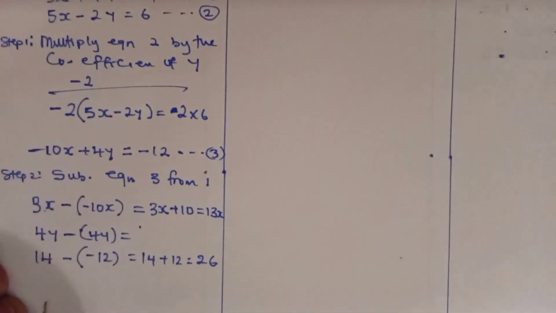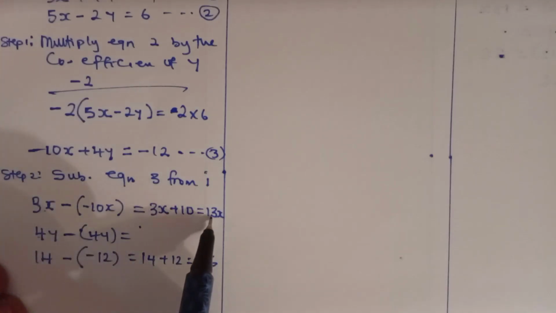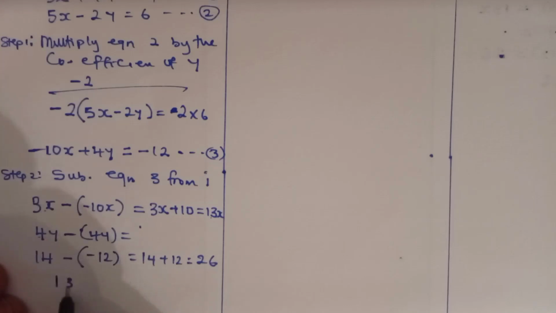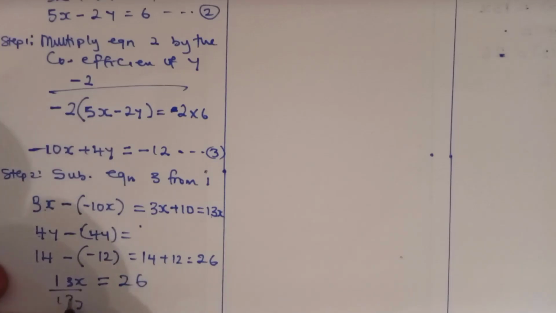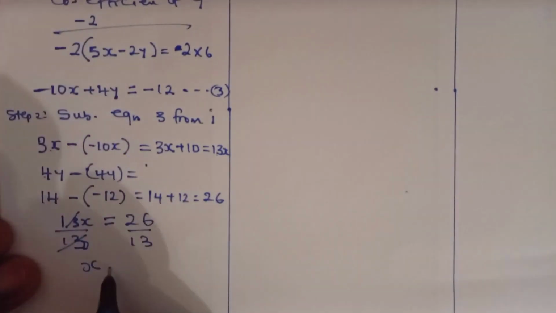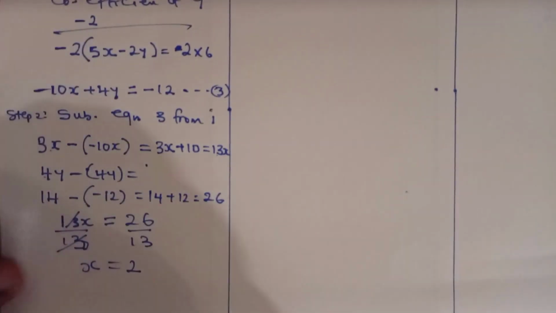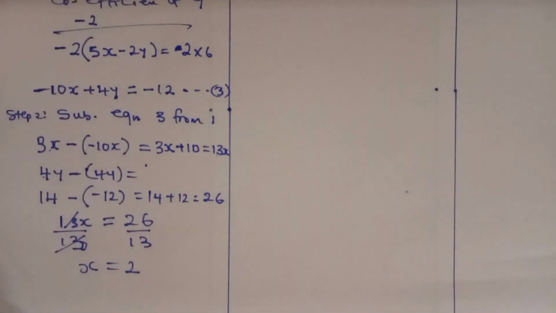So when we do that, we see that we have successfully eliminated y. So what we have here is 13x equals 26. If 13x equals 26, that means that we can divide both sides by 13. When we divide both sides by 13, the 13s cancel, and we're left with x equals 2. So the value of x is 2.